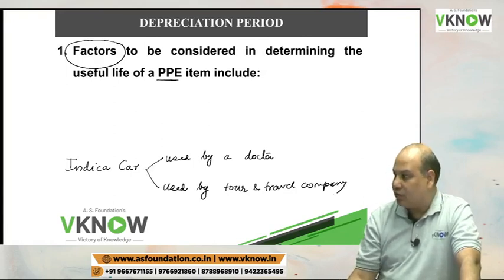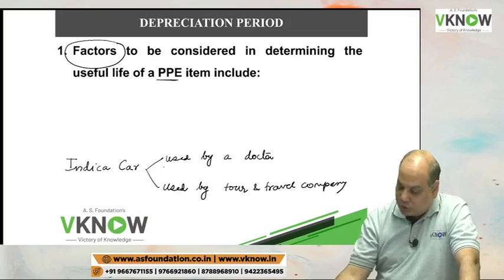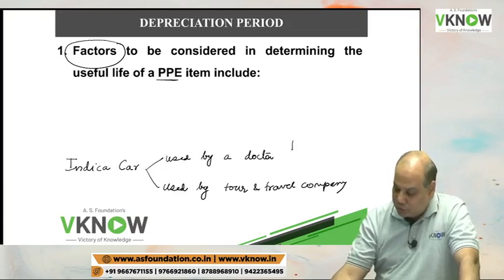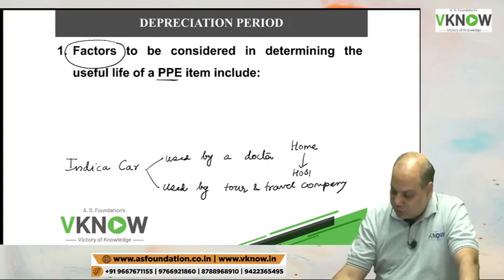Tour and travel company. What doctor will do? Doctor will use this car to go from home to hospital, hospital to home, and the gap is only 2 kilometers from the hospital.